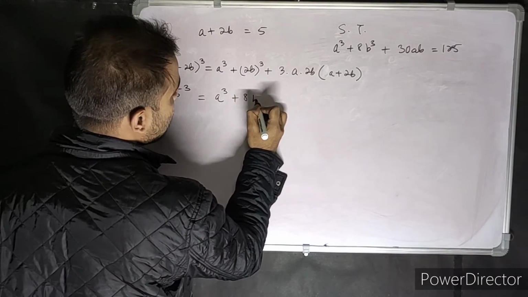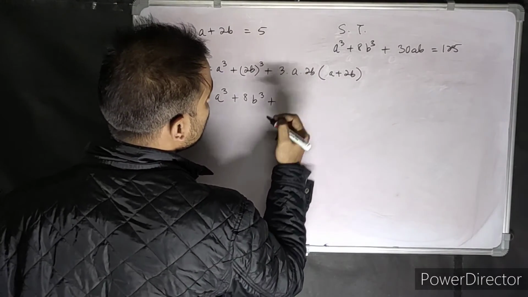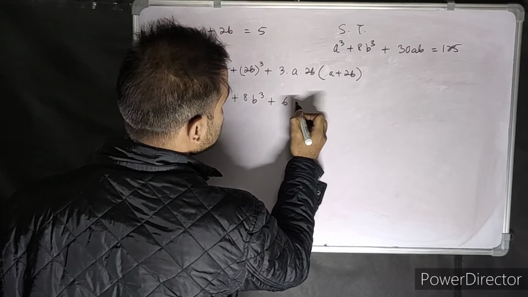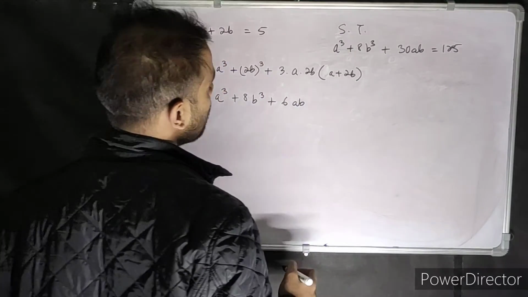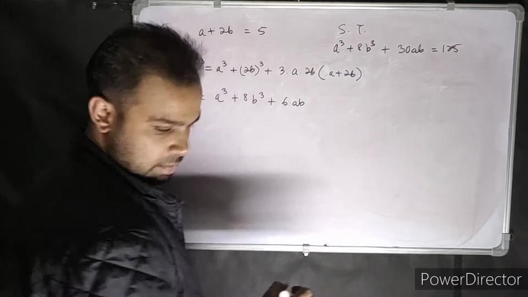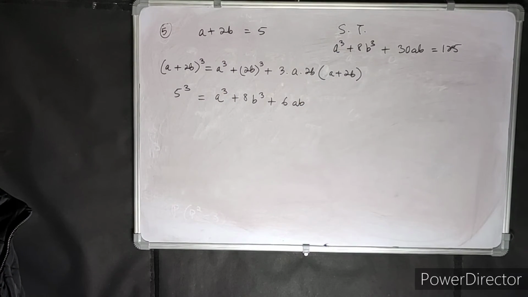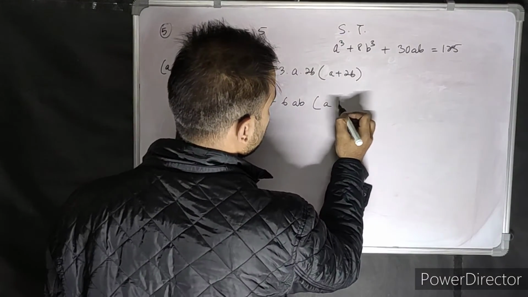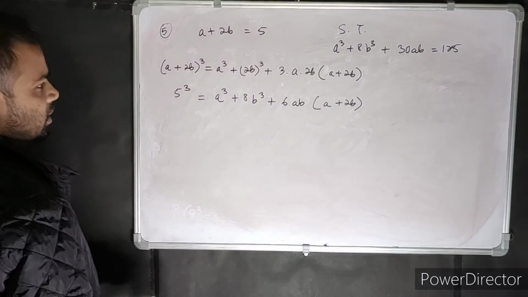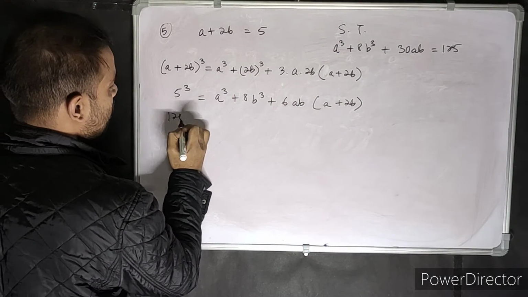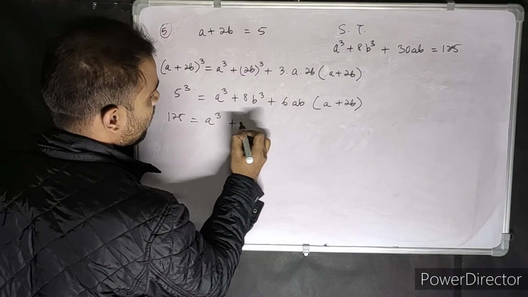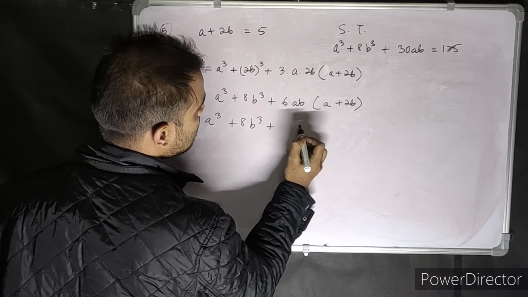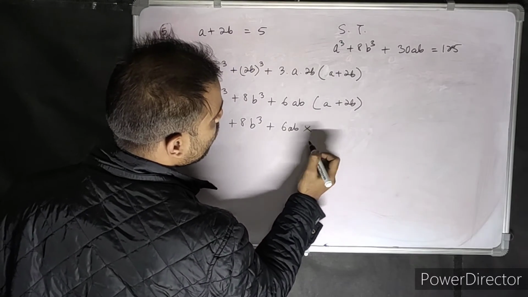A cube plus 8b cube plus 3 into 2 is 6ab. Is ab given? No, I need the ab. So 125 is equal to a cube plus 8b cube plus 6ab into 5.